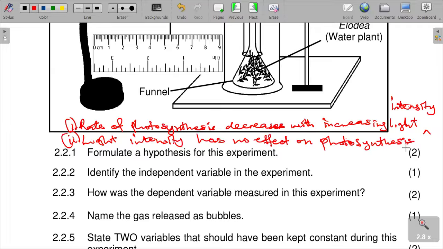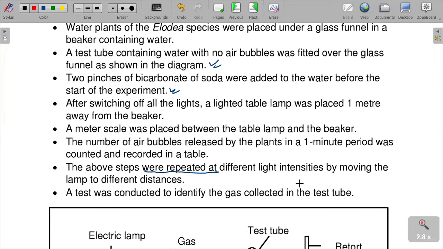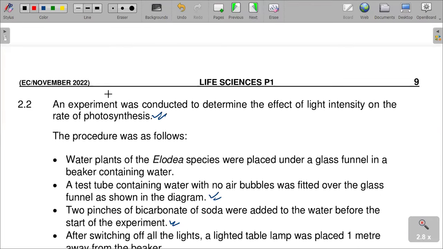So when you are asked to give a hypothesis, you give an answer which is in line with what is to be investigated. Here I said the experiment was conducted to determine the effect of light intensity.